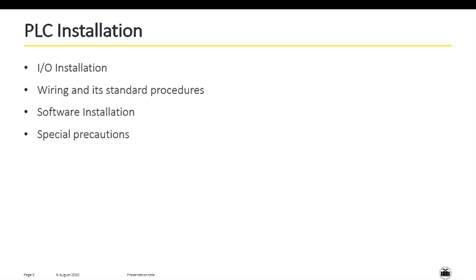Each terminal in the module is then wired to the field device according to its termination address. Second care is while doing the wiring, we should follow standard procedures. While doing the wiring, we must check the correct size and gauge of the wire.